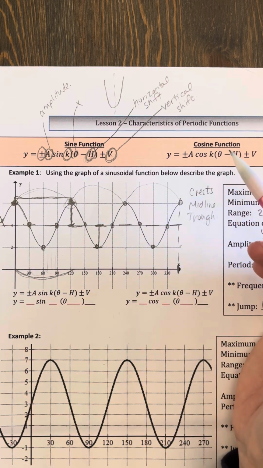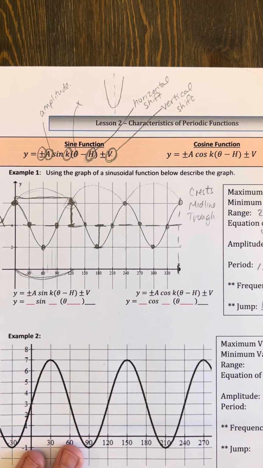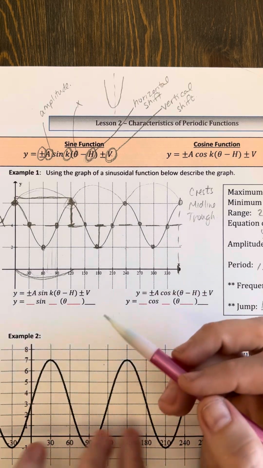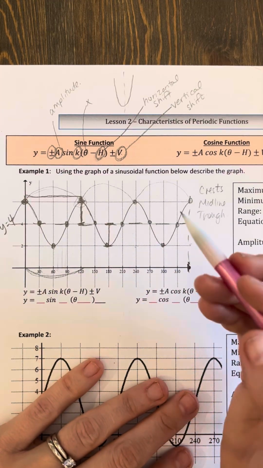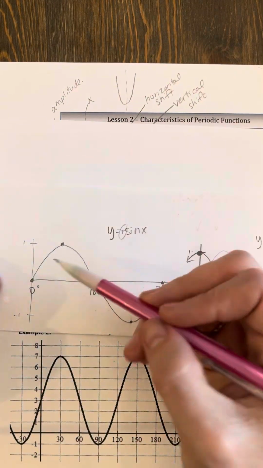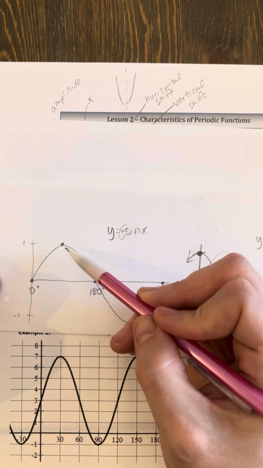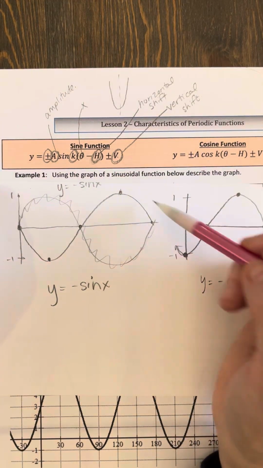All right, so I'm going to write my sine function. So if I'm going to write a sine function, I have to pick a sine wave to base my equation off of. So I'm looking for something that has this shape, okay? Starts at a midline and goes up. I could, if I wanted, pick a negative sine wave, okay?